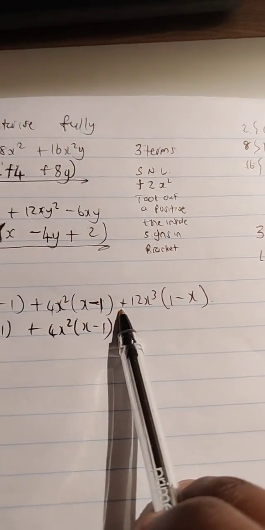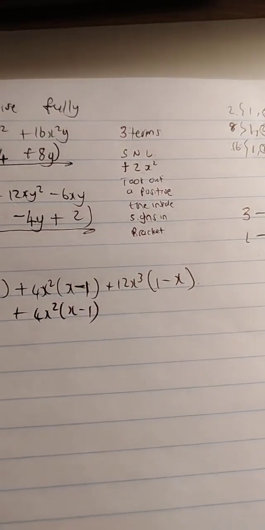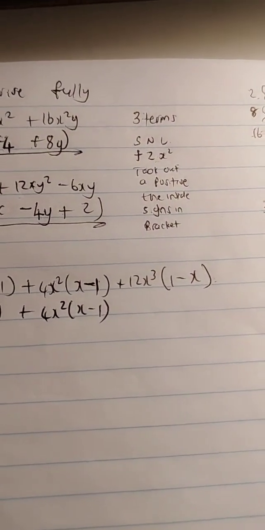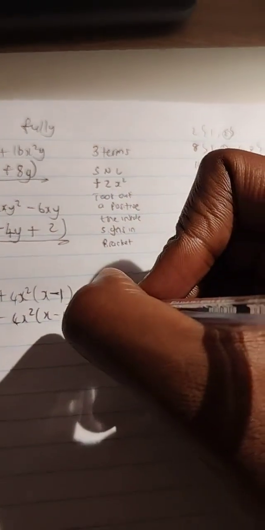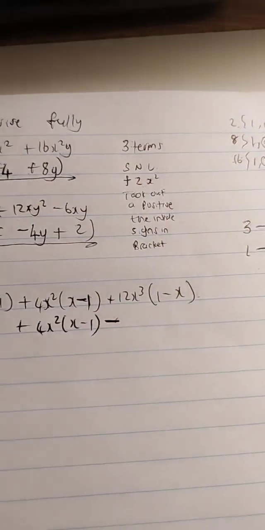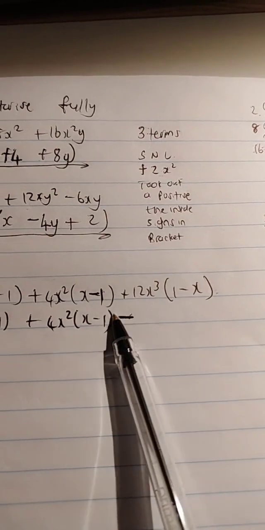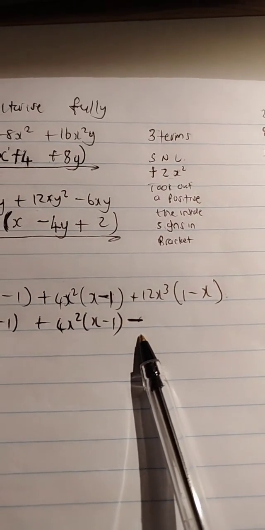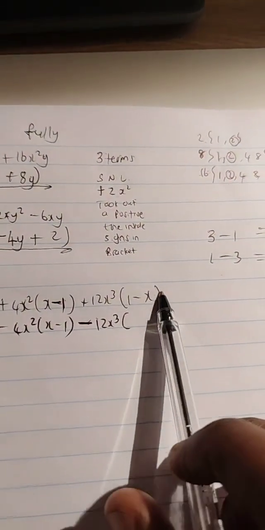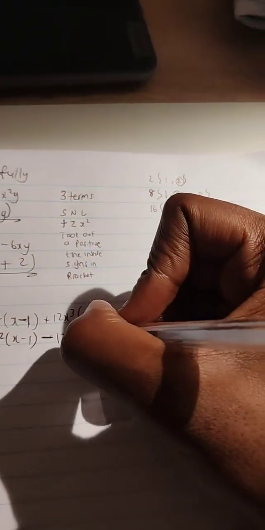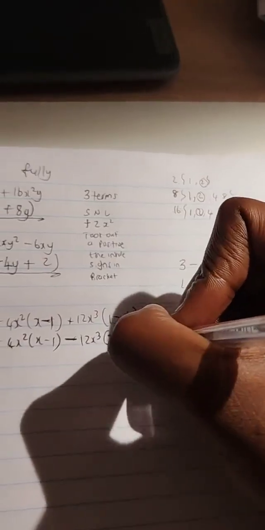And then this plus sign changes. There's no magic in maths. We take plus and we change it to minus. This is the sign change rule at its best. Negative 12x cubed. That then allows us to swap the order around and say x minus 1.